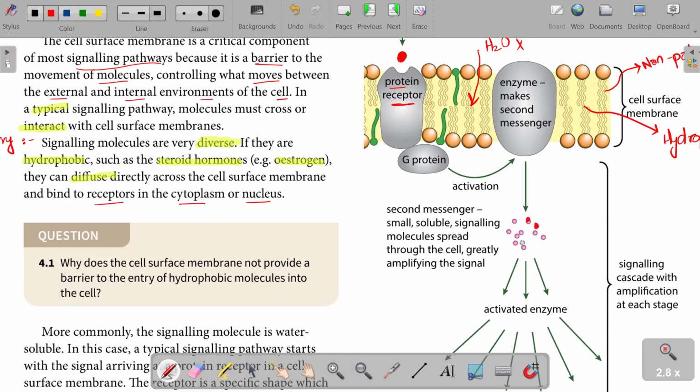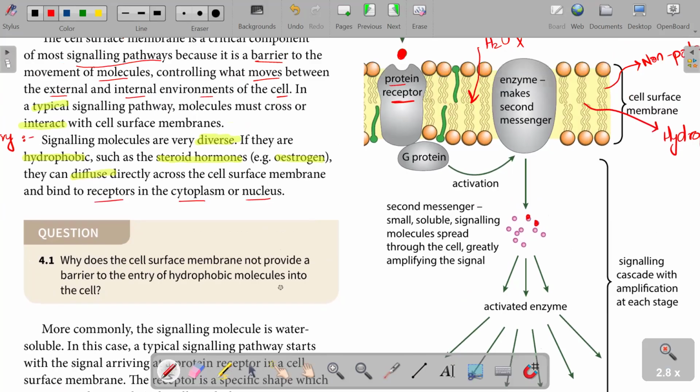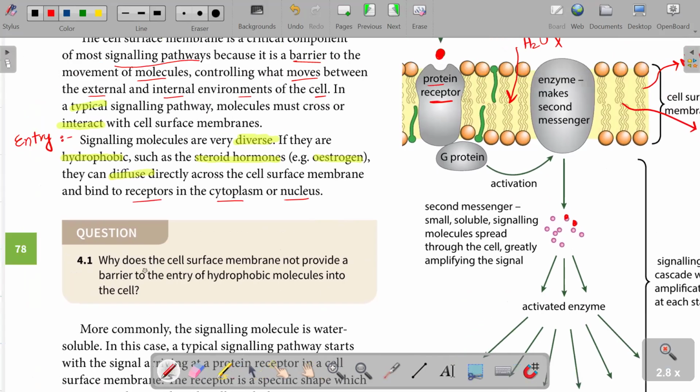Firstly, we are talking about how signals enter the cell. They enter through the protein receptor. And they have asked the question: why does the cell surface membrane not provide a barrier to the entry of hydrophobic molecules? Because they can diffuse through the hydrophobic tails of the phospholipid bilayer.